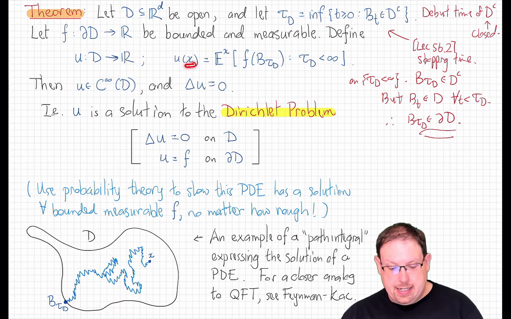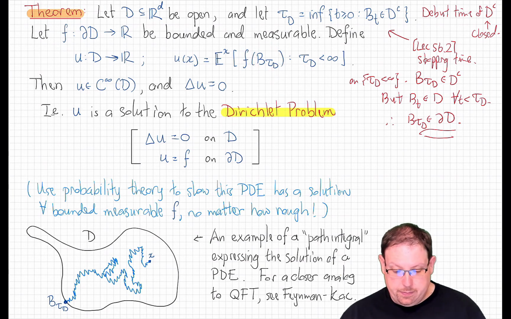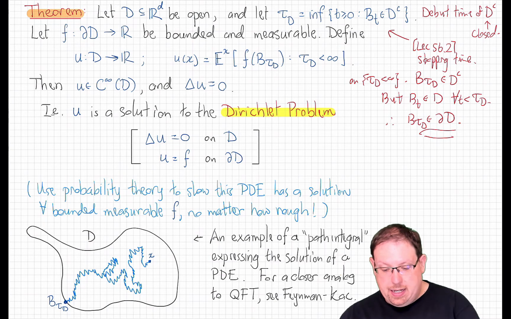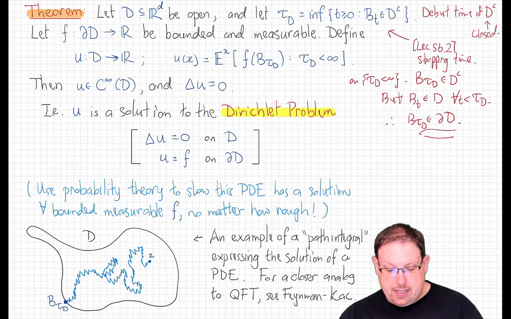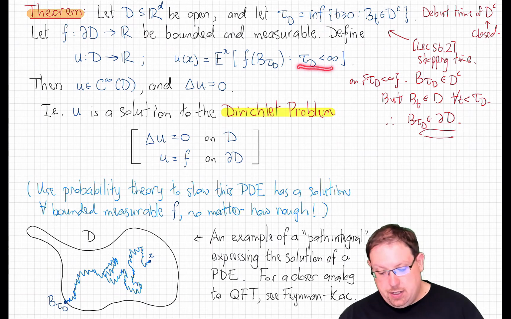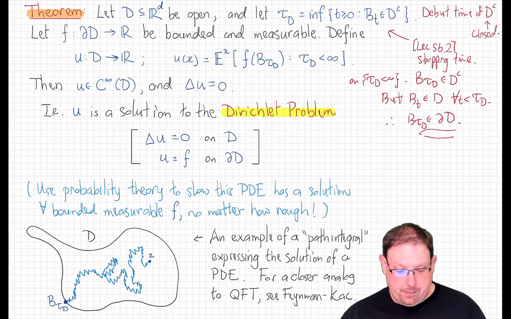For any point x in D, u at x is the expected value for the process starting in state x of the function f at the exit point for Brownian motion. Of course, that can only be taken on the set where that exit time is finite. So u of x is equal to 0 by definition if the hitting time is infinite.